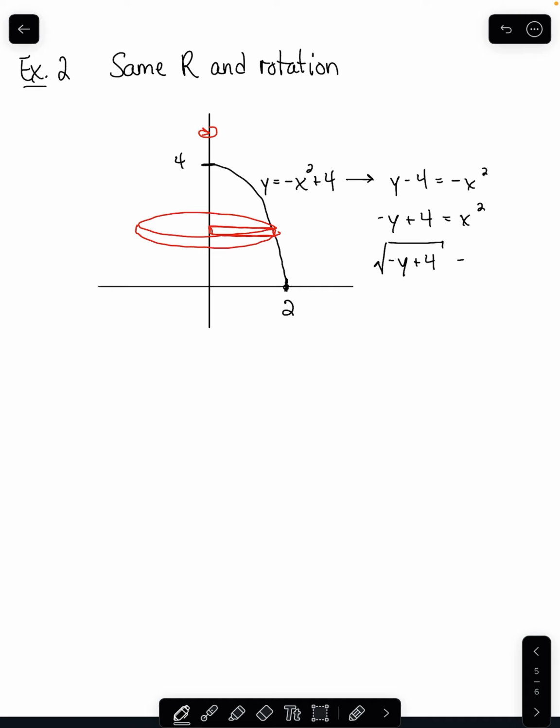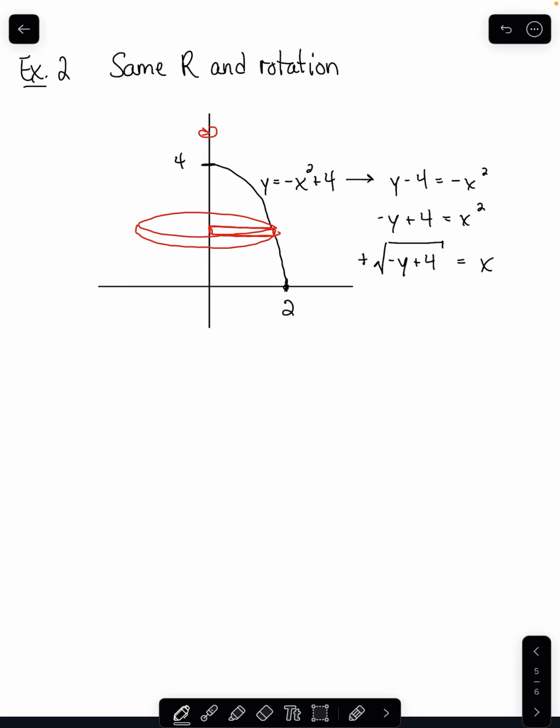Now, as we've seen before, this would result in a plus or minus in front of the square root. However, we can see that we are clearly dealing with only positive x values here, and that allows us to resolve the plus or minus by simply using the plus, because x is always positive.